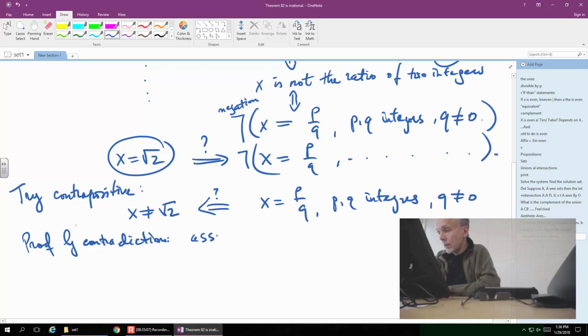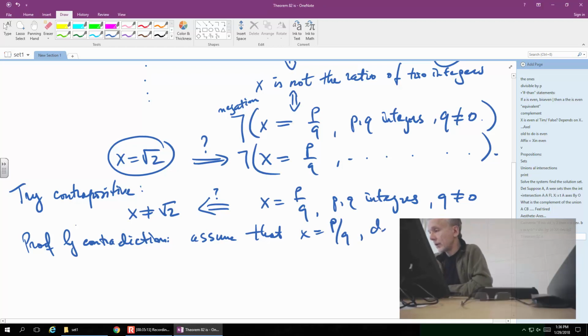Assume that x is equal to p over q, and demonstrate, well, I think we can simplify it slightly here. The square root of 2 is equal to p over q. Demonstrate that this is impossible.